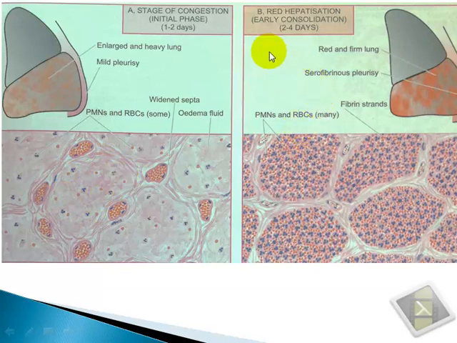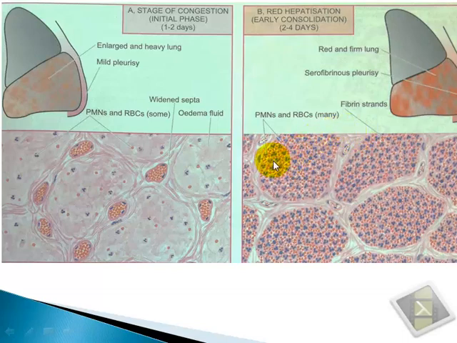The second stage is the stage of red hepatization, also called early consolidation. This part of the lung is affected. The lung is red in color. When you press it, when you palpate it, it will be quite firm, and you can see there will be presence of a serofibrinous exudate over the pleural surface. Now what has come here?